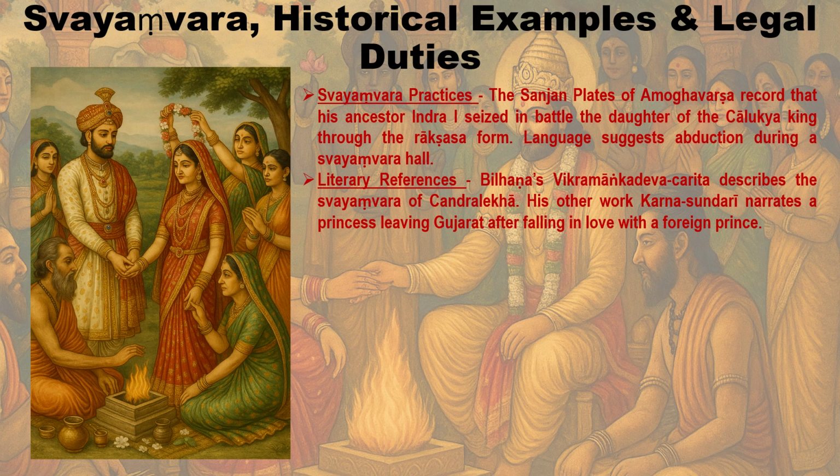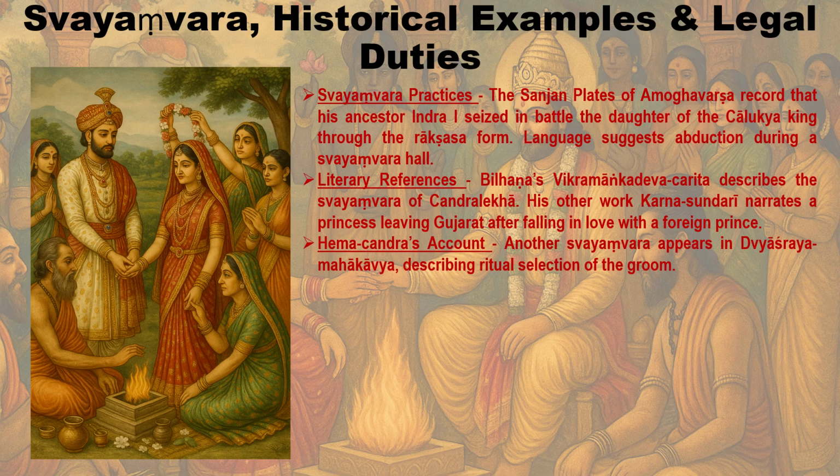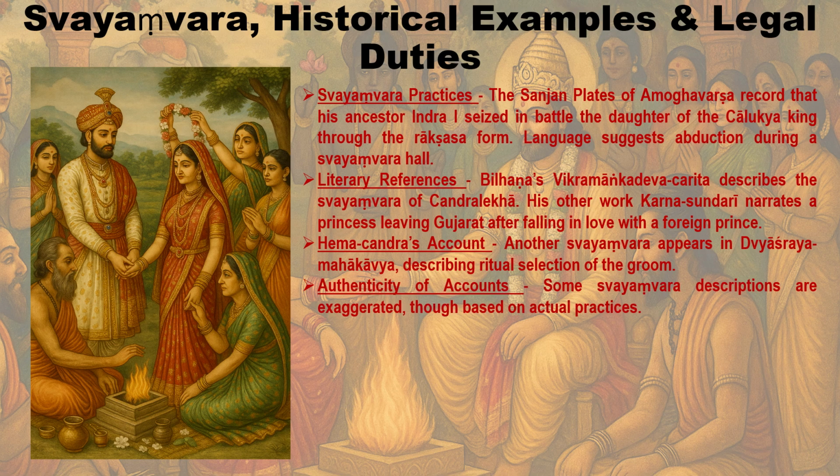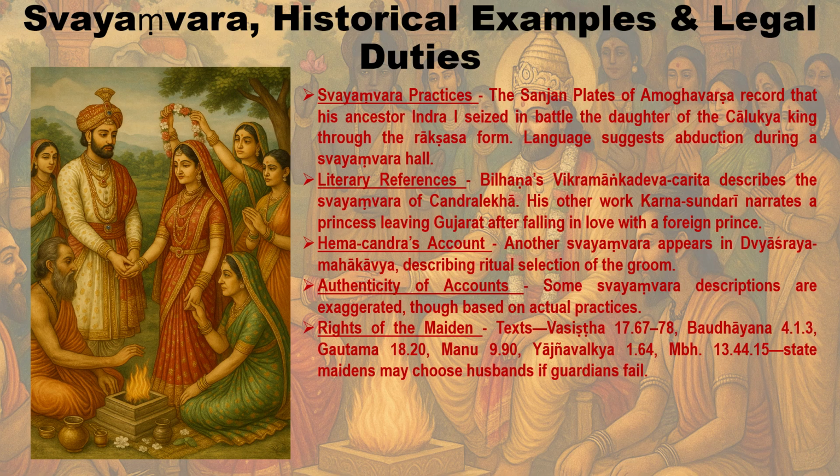His work, Karna Sundari, narrates a princess leaving Gujarat after falling in love with a foreign prince. Another Swayamvar appears in Divyasraya Mahakavya, describing ritual selection of the groom. Some Swayamvar descriptions are exaggerated, though based on actual practices.